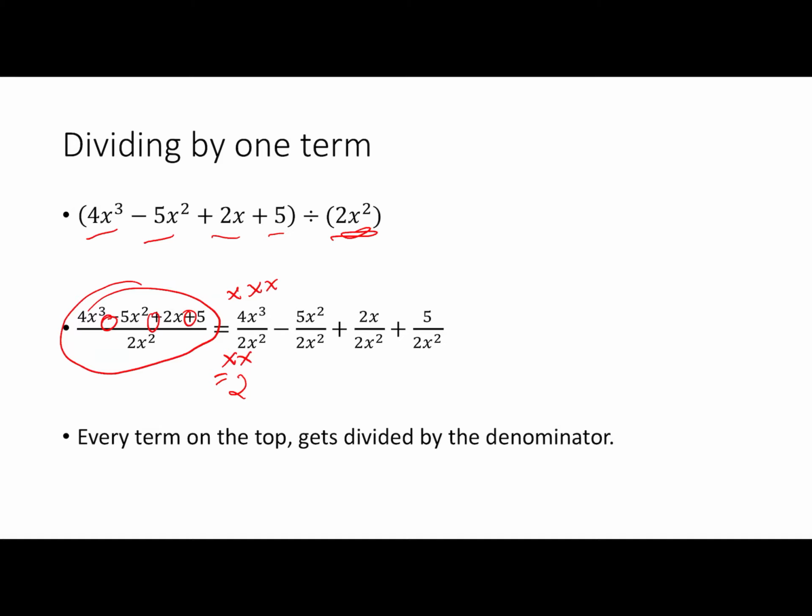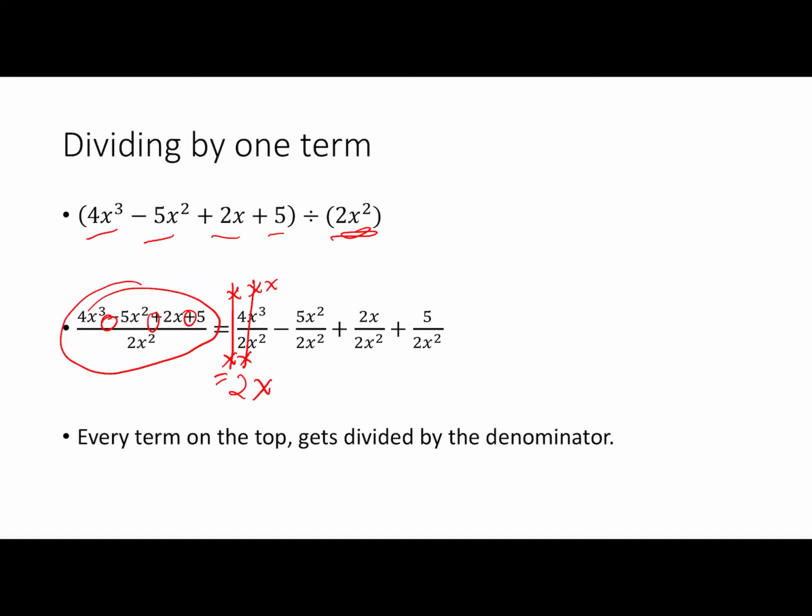If you have 1 x on the top and 1 x at the bottom, they cancel out. If you have another x at the top and another x at the bottom, they cancel out. You're only left with 1, so you write it in. If it's on top, you just write it next to your value. If it's part of the denominator, meaning it's at the bottom, then in that case you write it down as your denominator. It doesn't switch spots just because you're trying to simplify everything.